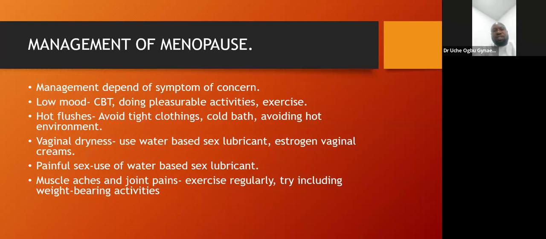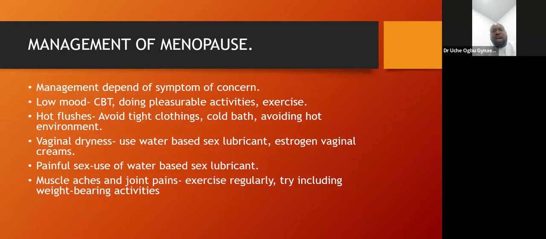For hot flushes, it is advisable for the person to avoid tight clothing and have cold baths, especially during episodes of hot flushes. Avoid hot environments because it's usually worse when you're in a hot environment. For vaginal dryness, they could use water-based sex lubricants. There are also estrogen creams available that have been found to be beneficial.